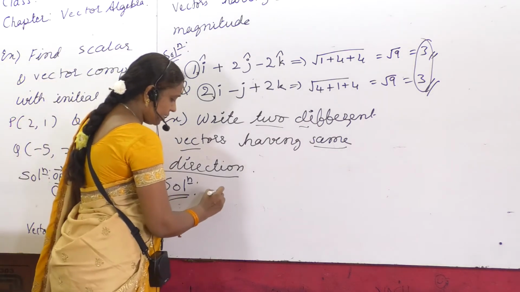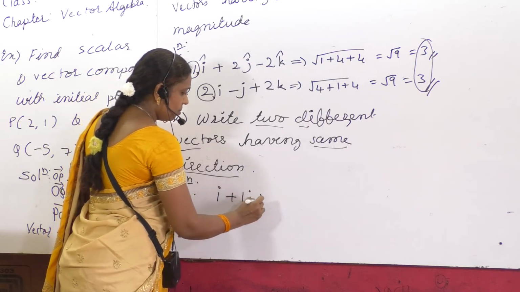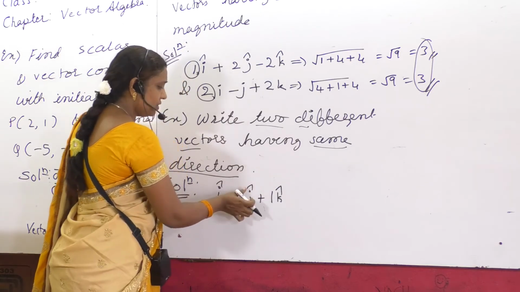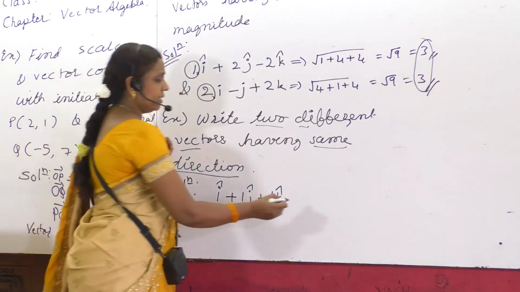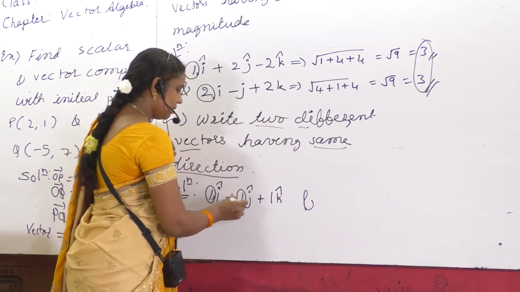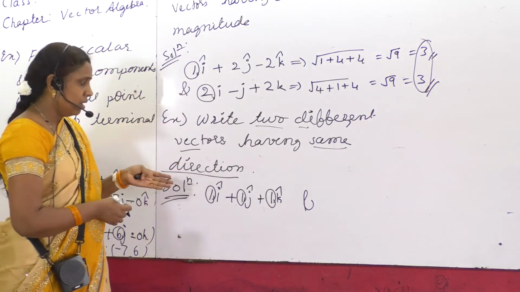Okay. So one vector, if I take 1i plus 1j plus 1k, what will I do? I will just multiply this by some constant. I will multiply by 2.